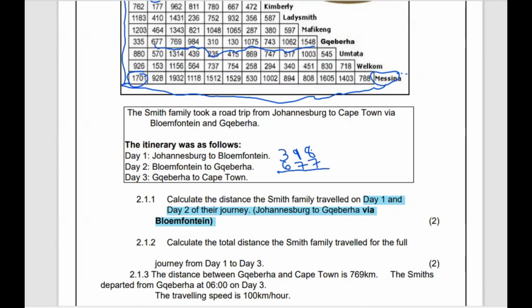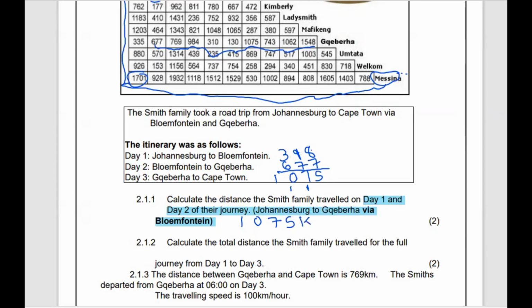So we do simple addition. 8 plus 7 is 15, carry 1. 9 plus 7 is 16, plus 1 is 17, carry 1. Then 3 plus 6 is 9, plus 1, you get 10. So the total distance traveled is 1,075 kilometers.